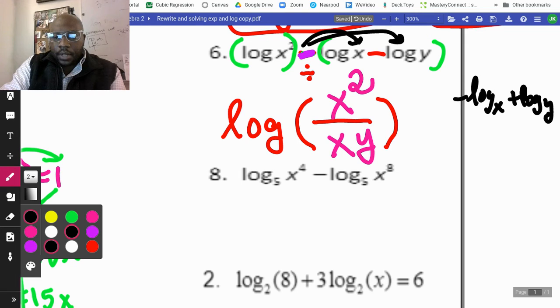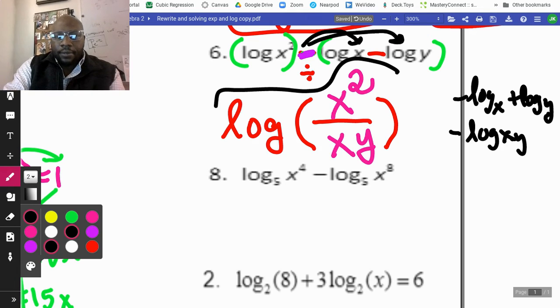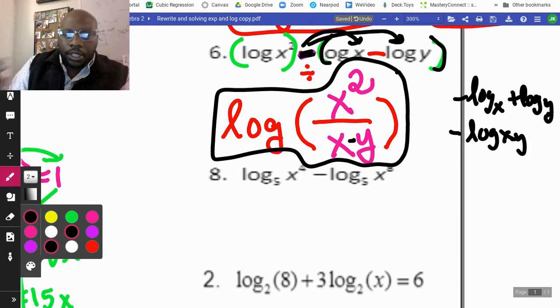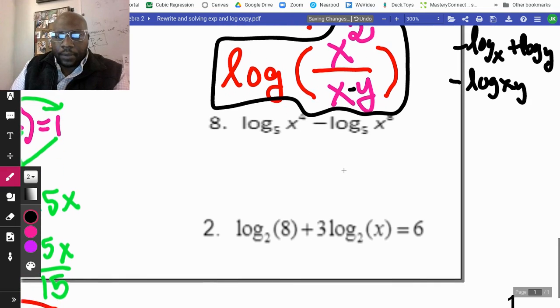So now you should really have minus log xy, x times y. So that's pretty much what we have here. If it doesn't make any sense, just think about this: if you see a minus first, open the parentheses for the other one. But those two will go under, and they're going to go under as a multiplication. Something just to remember. All right?